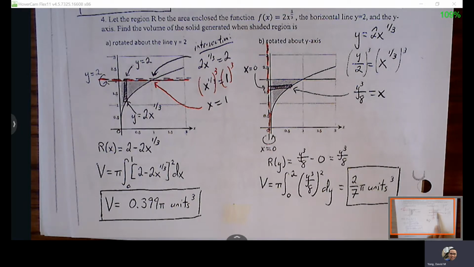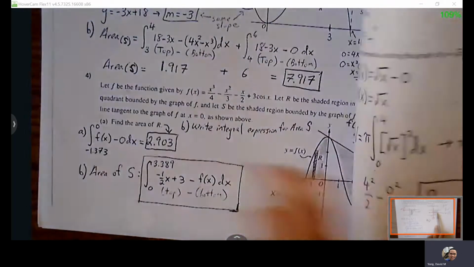Okay, 10 minutes left. I want to do one area problem on page 8. So if you guys go back to page 8, we're just going to do 3b, okay, 3b. I'm going to skip A, and I'm going to tell you what the equation of that line is.